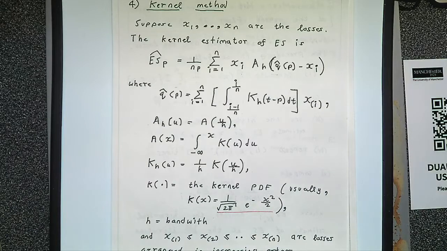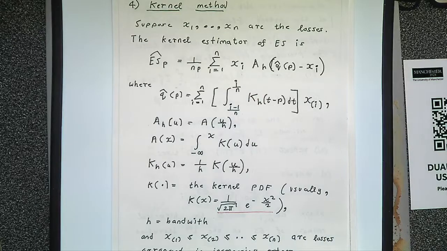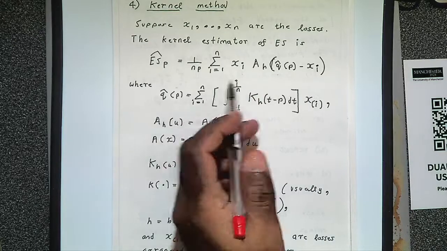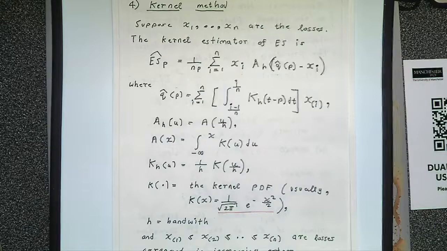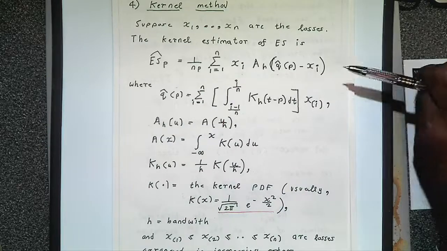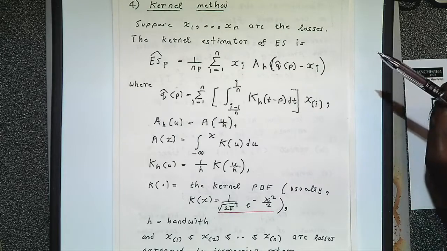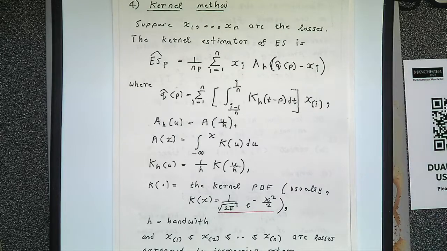In the exam, I don't think I will ask you this. It's really complicated. In the exam, I will not ask you this, but for those of you who want to apply this in practice, I think there is a function in R that can compute this, so don't worry. So that's method number 4.